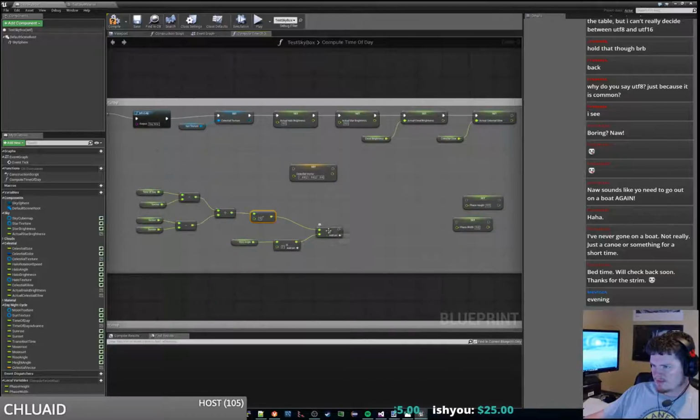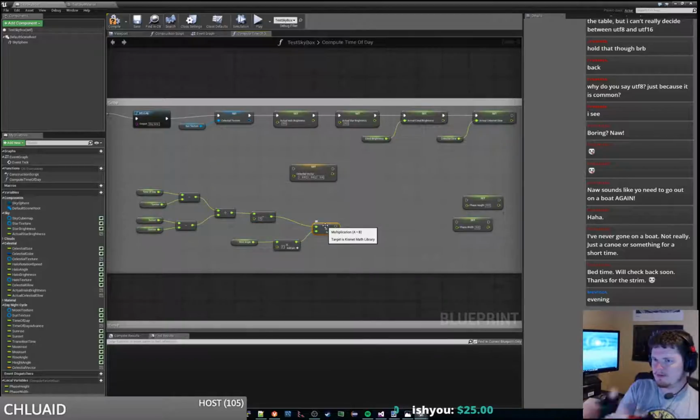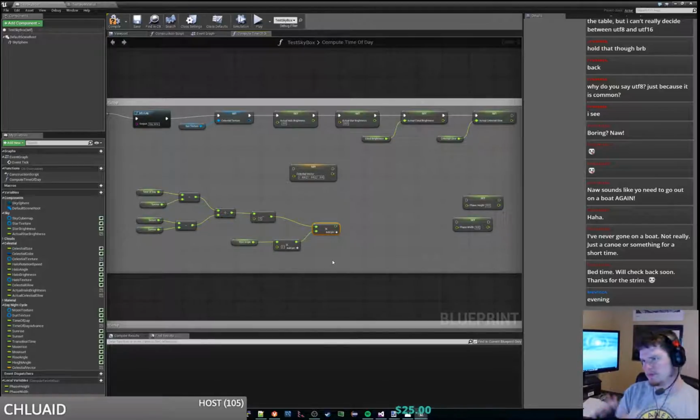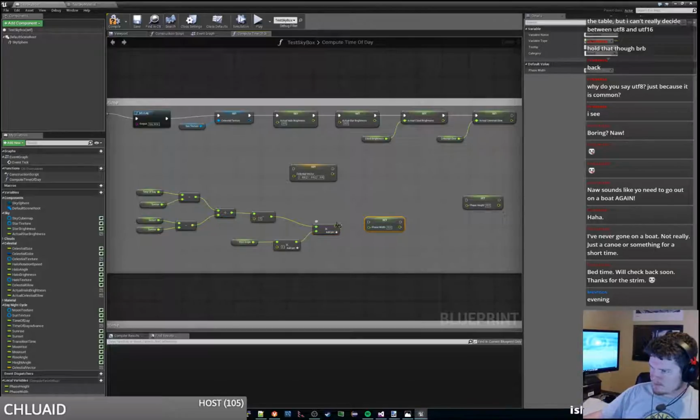So that's going to give us the angle that we are at left and right. That's going to go from the full angle to 0 to the full angle again. So phase width is going to be set right there.